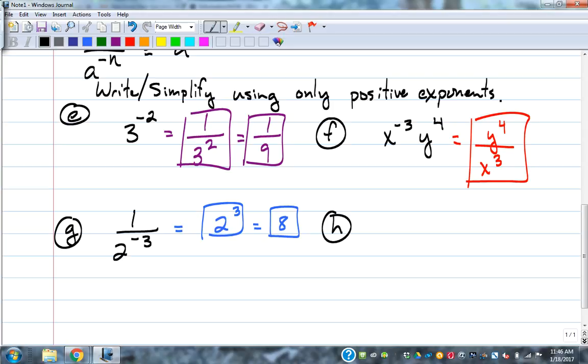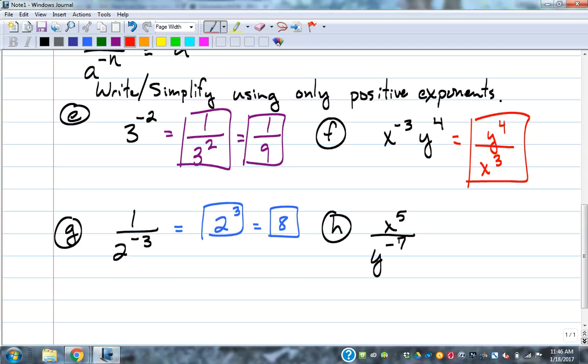All right, so let's look at this one. x to the 5th over y to the negative 7. Which one's okay? Doesn't need to move. x to the 5th, it's positive, so it doesn't move. So we just need to move the one that has a negative exponent. Where does the y to the negative 7 go? To the top.